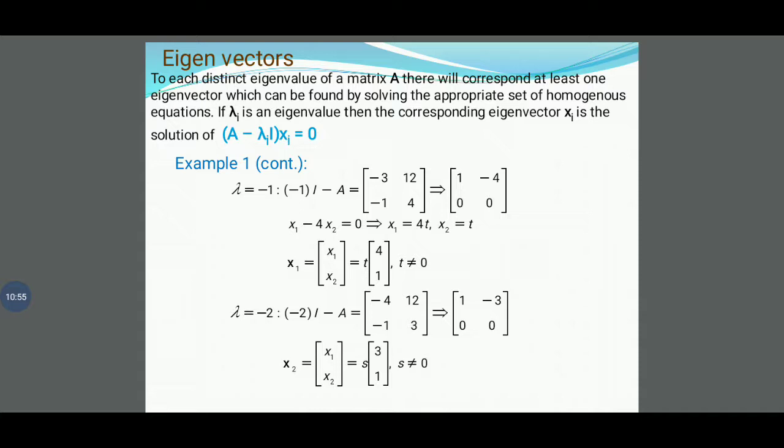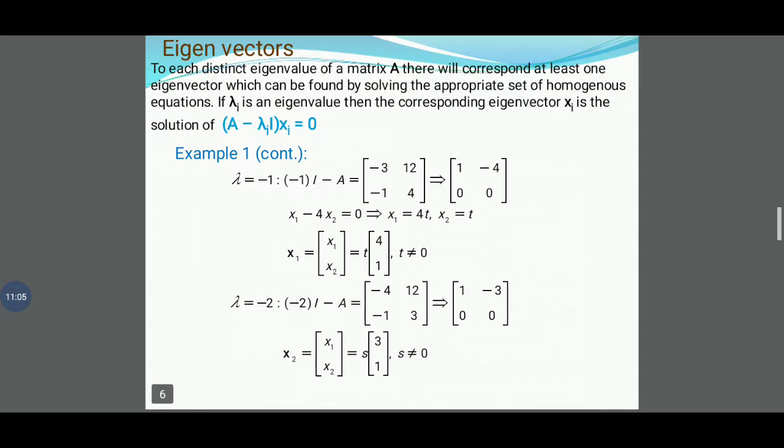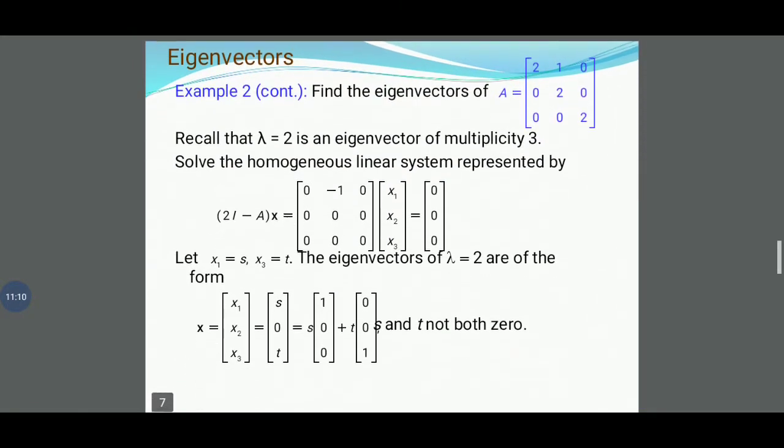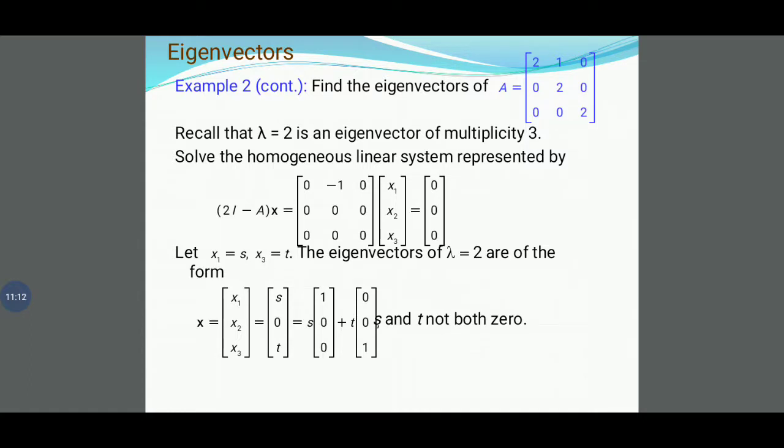Taking t common, 4 1 will be our eigenvector. Similarly, for lambda is equal to minus 2, we get the eigenvector 3 1.